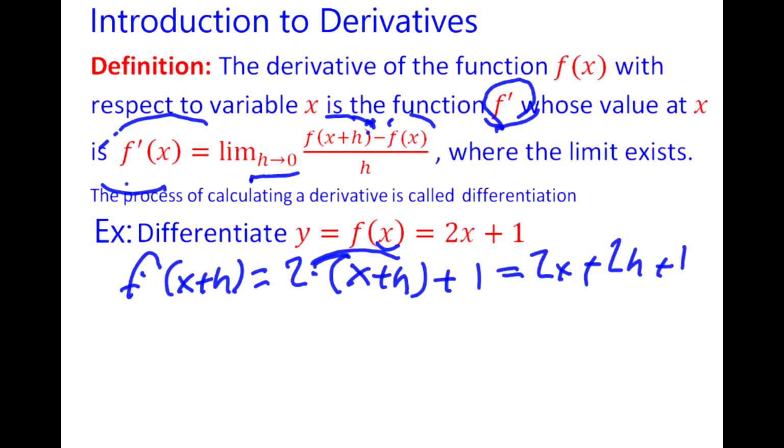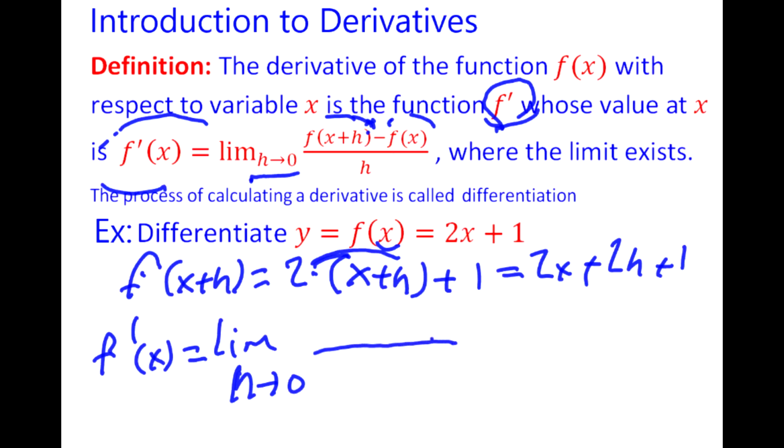So if you write this, f prime of x equals the limit when h goes to 0, then we have f of x plus h, which is 2x plus 2h plus 1, and then we have minus f of x.